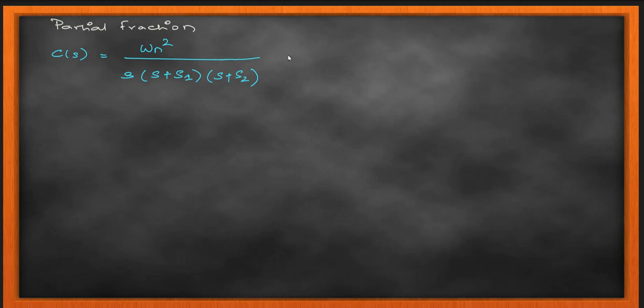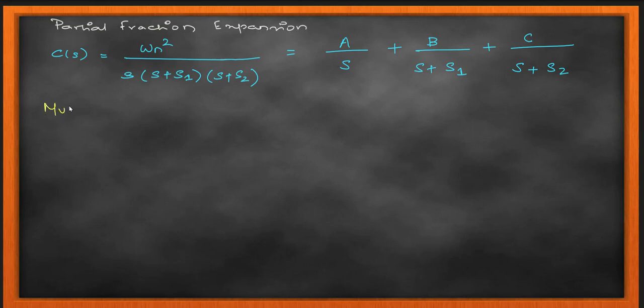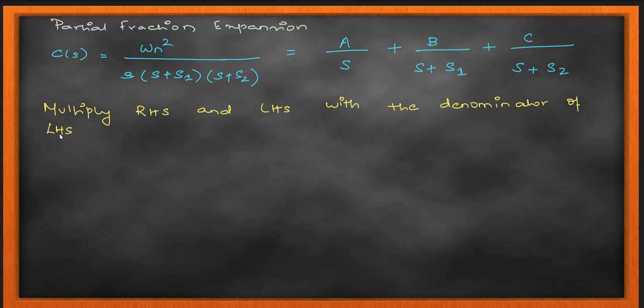So the steps from here onwards are pretty much the same that we have seen in our part 1 and 2. I'm going to do my partial fraction expansion, A by s plus B by s plus s1 plus C by s plus s2. You need to multiply your RHS and LHS with the denominator of the LHS.